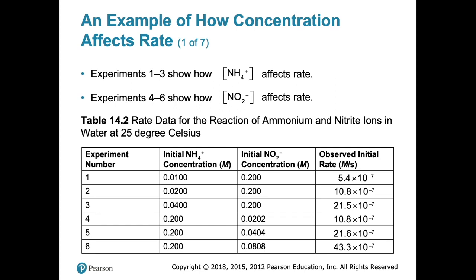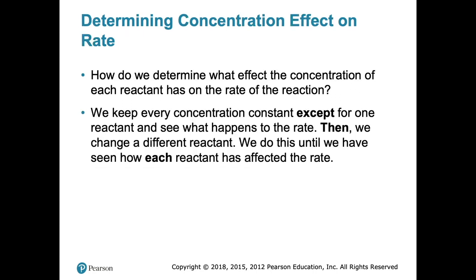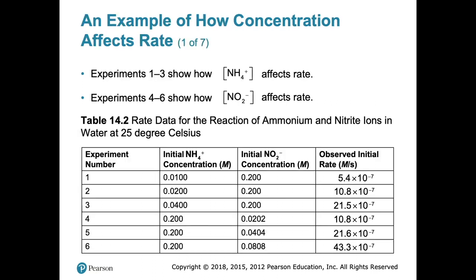As I was saying in this previous slide, what we do to figure out what effect the concentration has on the rate is change one of the reactants of the reaction to see how it affects the rate, and then change the other of the reactants to see how it affects the rate. Now I have a reaction in which I'm combining ammonia with nitrite.